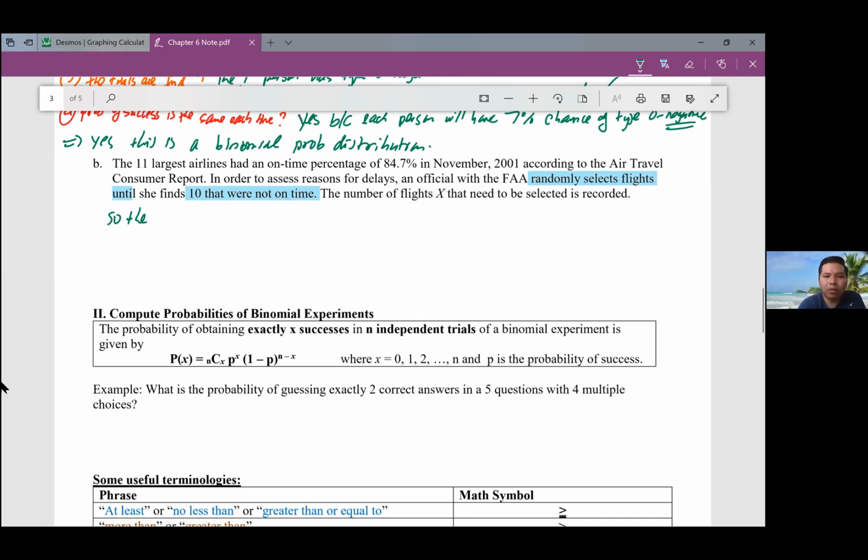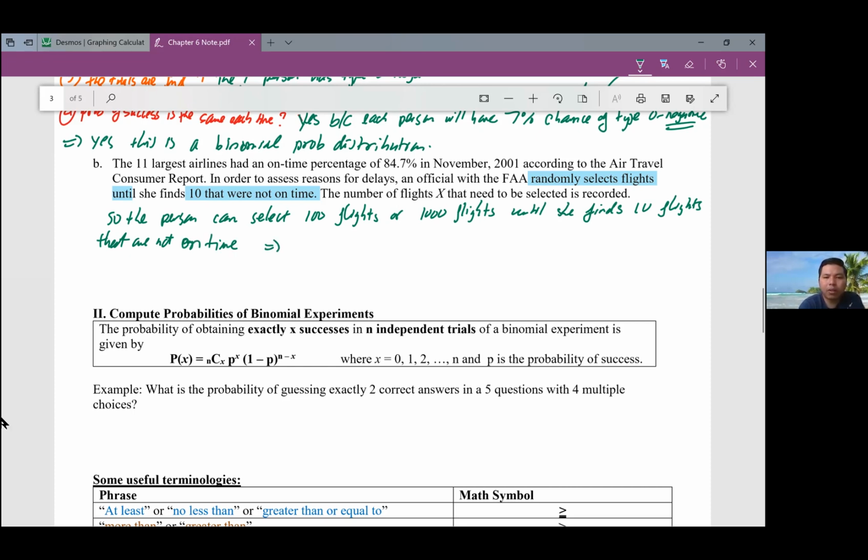The person can select 100 flights or 1,000 flights until she buys 10 flights that are not on time.